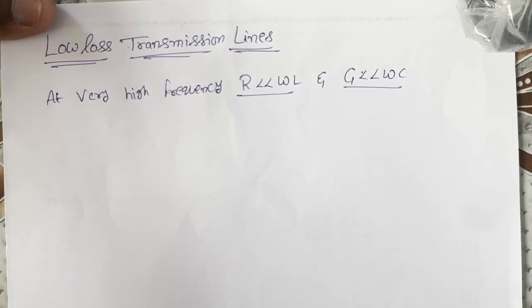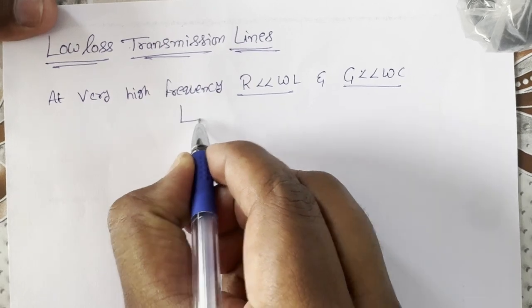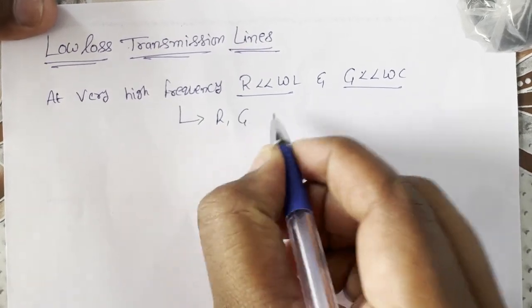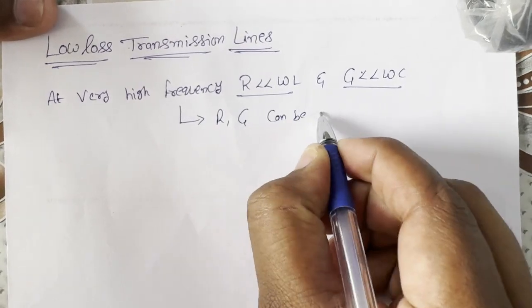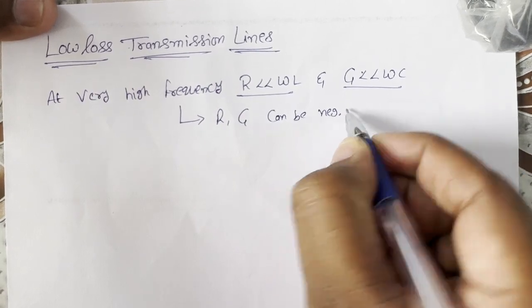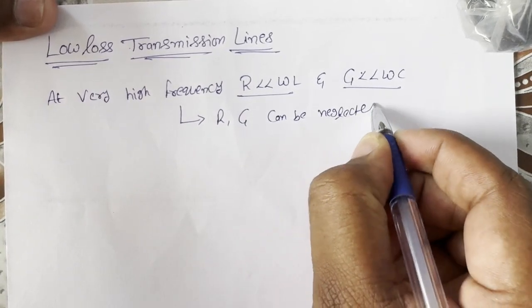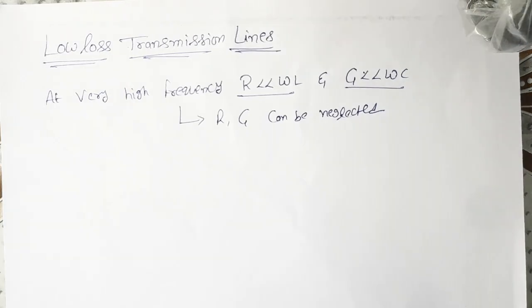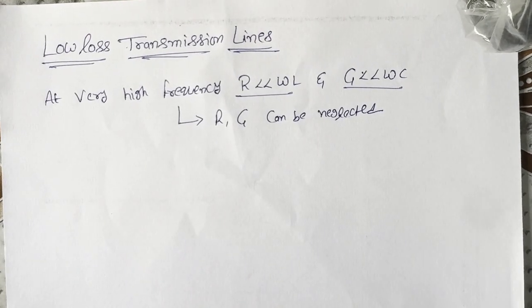That means at very high frequency values, R and G can be neglected in the case of a low loss transmission line.